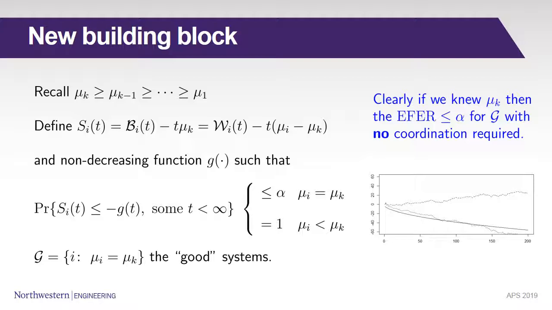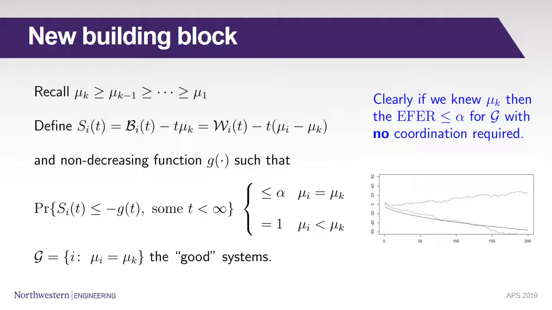You can see a picture on the right where the smooth curve is minus g of t, and the cumulative sum processes for two different systems I are shown, one that appears to be one that will never cross the boundary, and one that does cross the boundary and therefore will be eliminated.